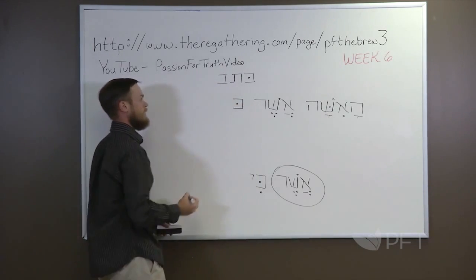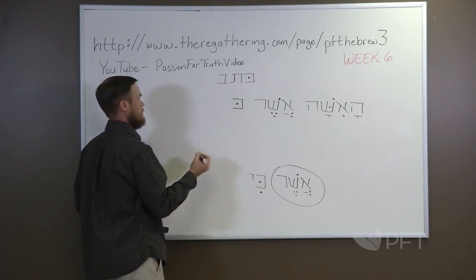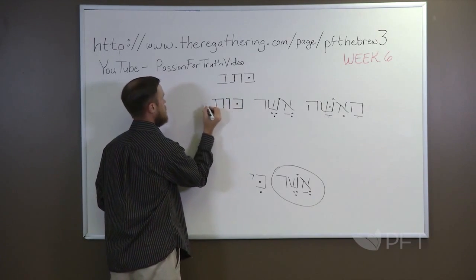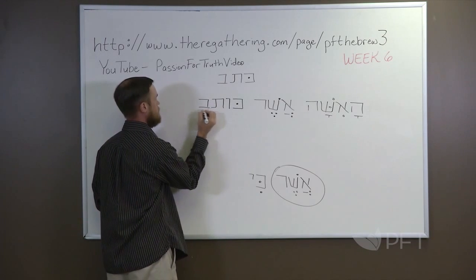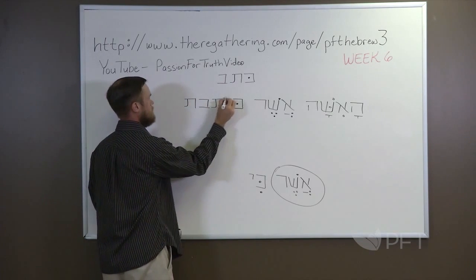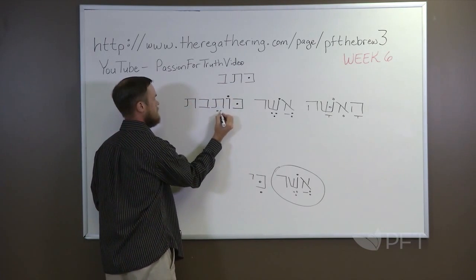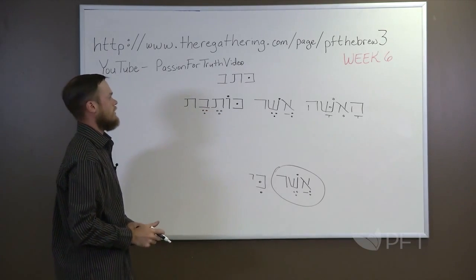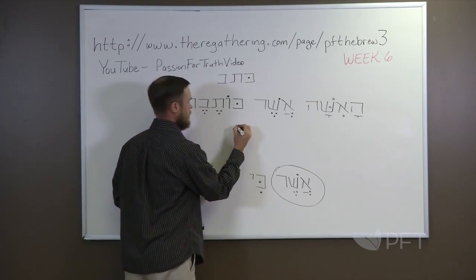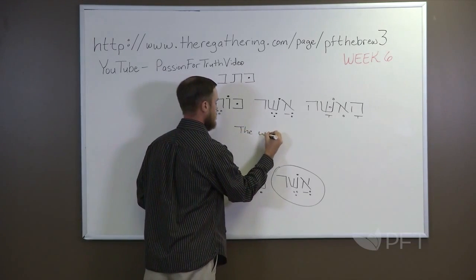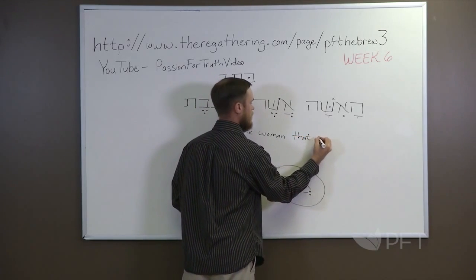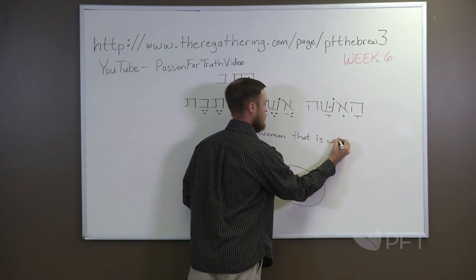follow the present tense feminine singular conjugation, and we wind up with Kotevet. Ha'isha asher kotevet. The woman that is writing.